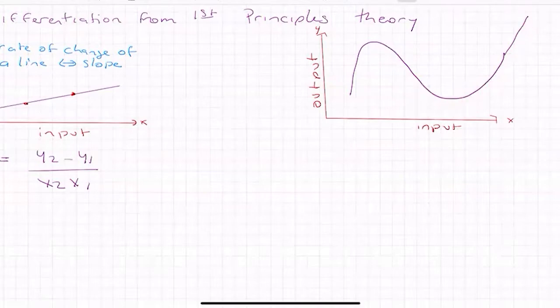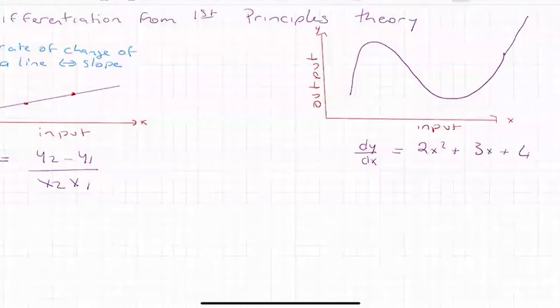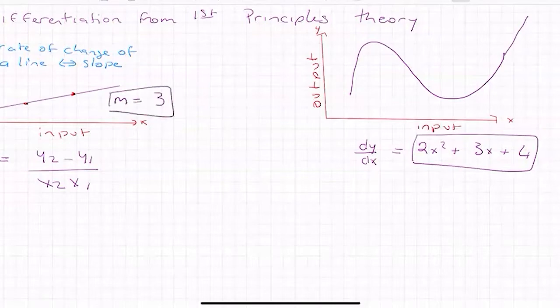So it really does depend on where you are on the x-axis as to what your actual value of slope is. That is why when you get slope, or when you get dy dx, it is typically a formula. What would we have got for slope of a line? We would typically have got a value. But for a curve, we get a formula.